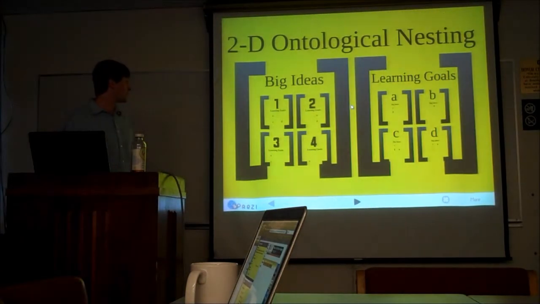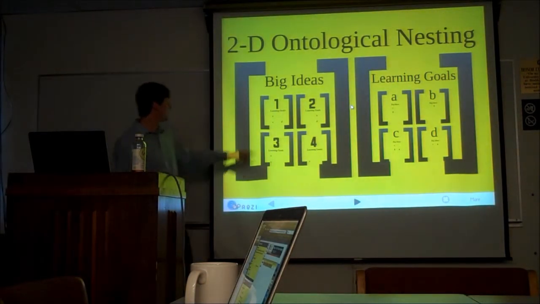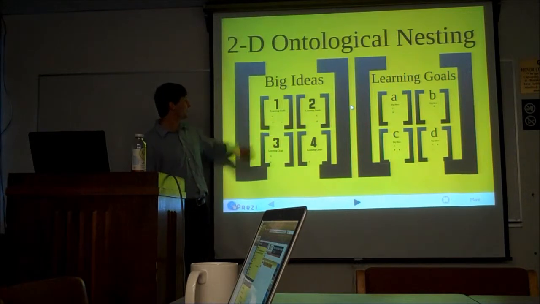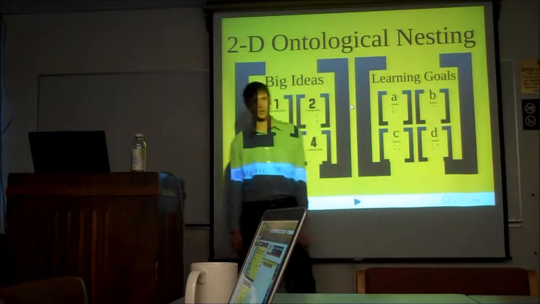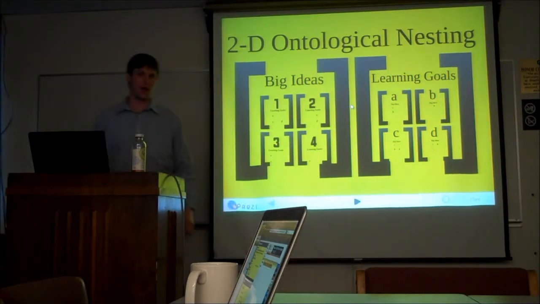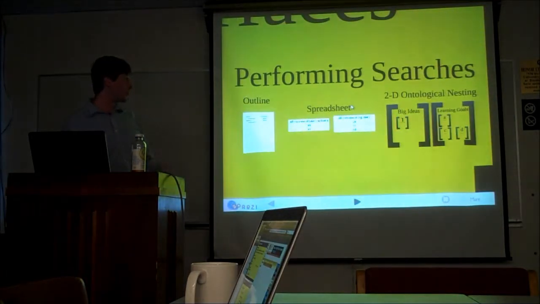Then once again, just to beat this horse, if you remove learning goal B from big idea 1, you will not find big idea 1 in learning goal B. So however you prefer to interface with this database, you can do that and still be communicating in the language from the perspective of anybody else who's working with the same database.